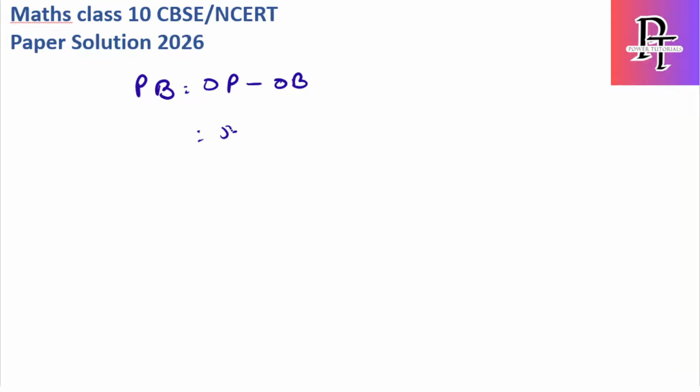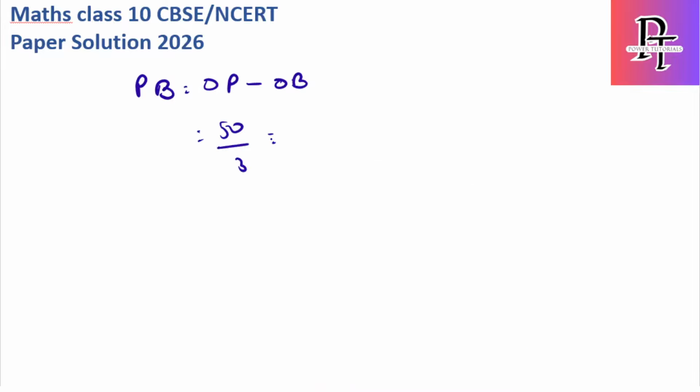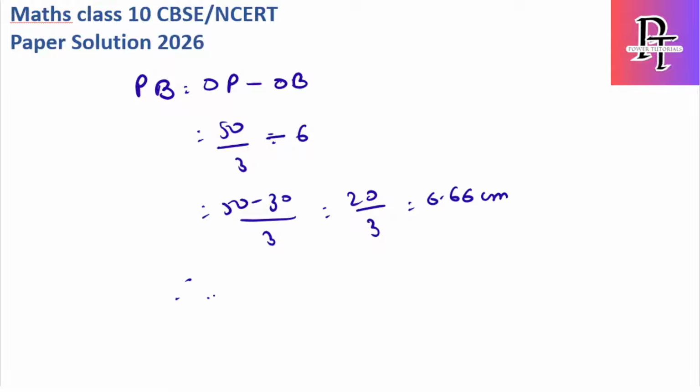OP is 50 by 3 and OB is 6. So 50 by 3 minus 6 is 50 minus 18 by 3... the final answer for PB is 20 by 3, or 6.66 centimeters.